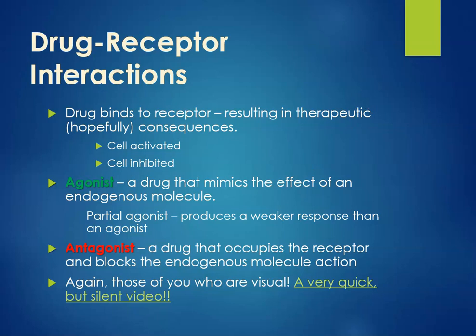So a lot of times what happens is we'll have these drugs. I don't know if anybody's ever heard of the term a beta blocker, but you may hear somebody say, I'm taking a beta blocker for my blood pressure. Well, the drug binds to a receptor and it results in some kind of therapeutic consequence. And that therapeutic consequence could be that we're inhibiting something or that we're activating something.